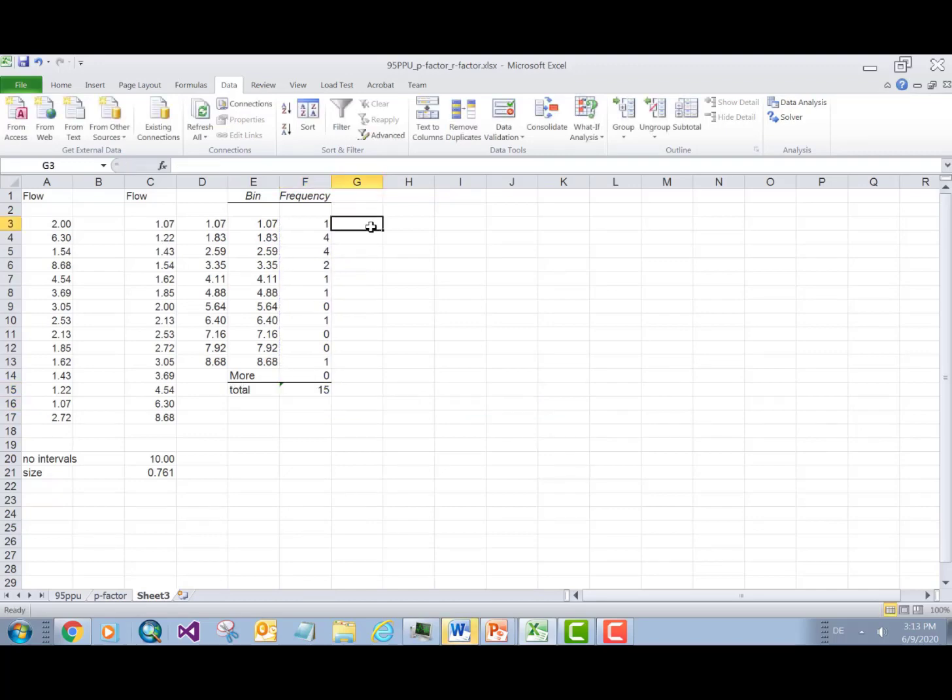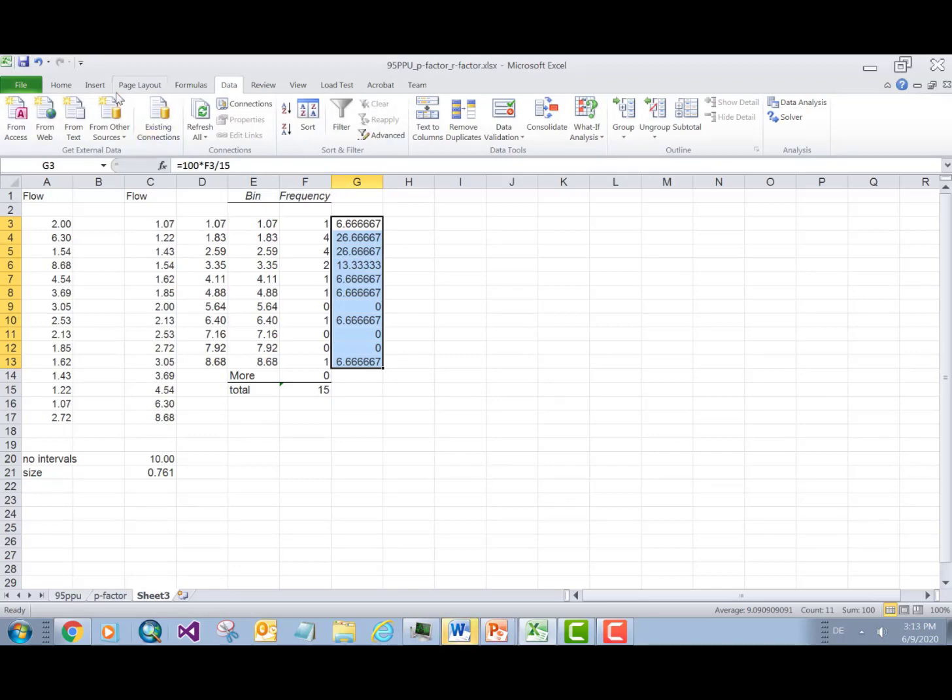Next, I want to calculate the percentage of data that falls into each category. And this is equal to 100 times the number of data points divided by the total number of data points, which is 15. And I copy this down. So these are the percentages.